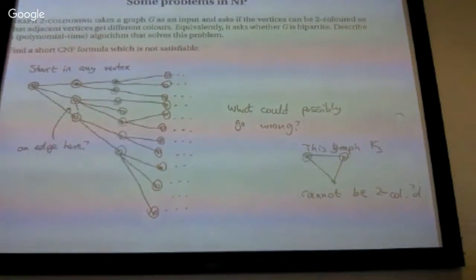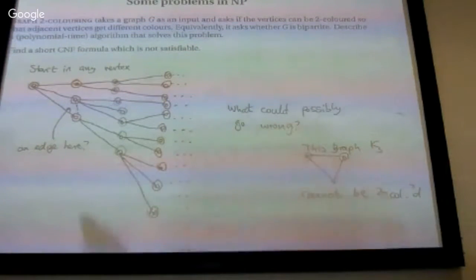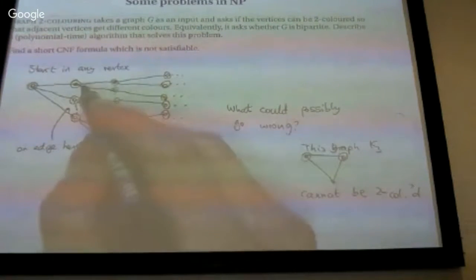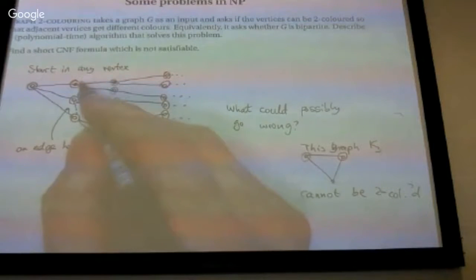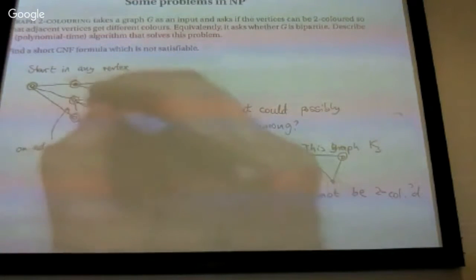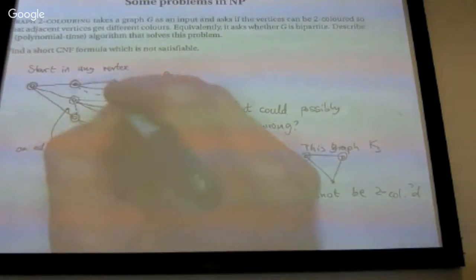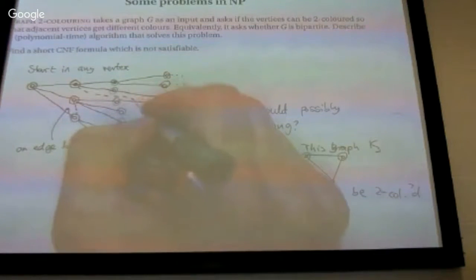Or another thing that could go wrong is that when you have somewhere in the previous layer, you get an edge between the vertex that's already been colored and one that you have to color in the same.